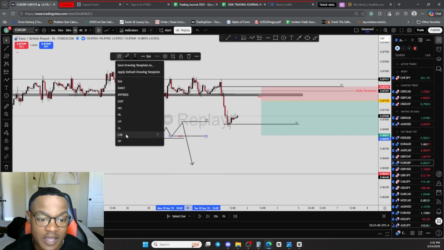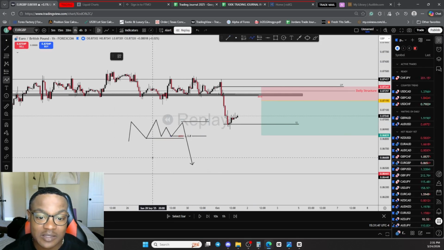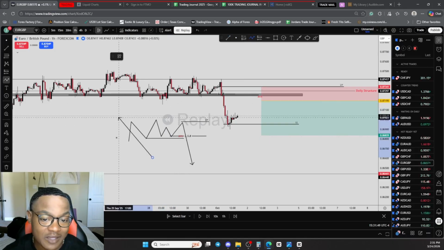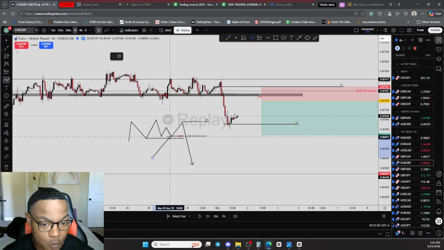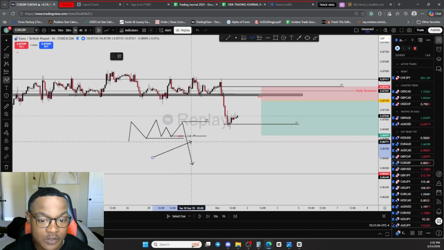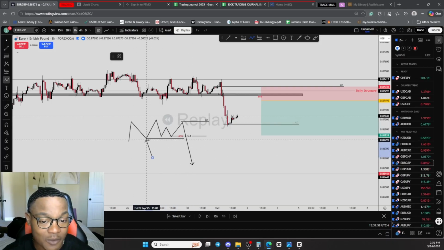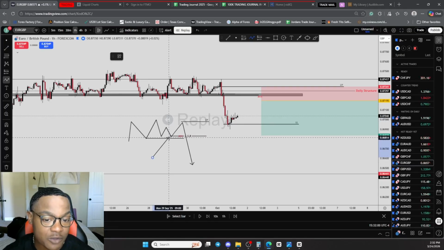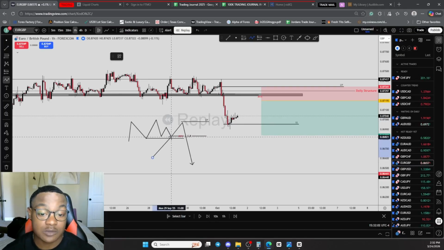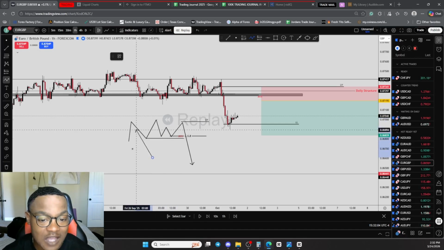Again, y'all, the last structure break is simply the last structure that was formed inside of our overall trend. Where was that at? It was right here. So we know that the overall trend is bearish due to the breakout of this higher low, and the last structure break is around here due to this being the last structure that was also broke inside of our overall trend.